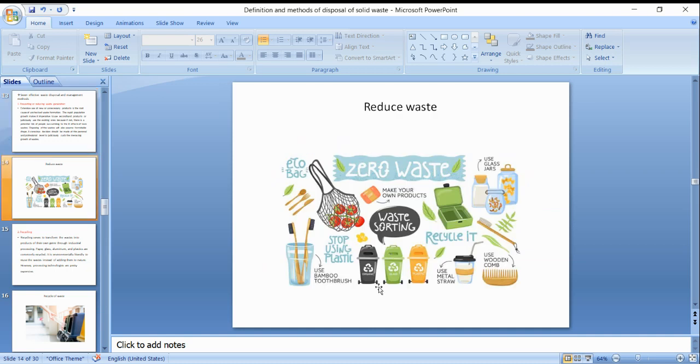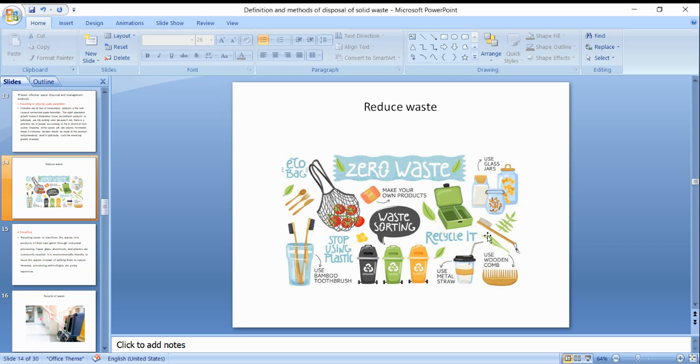So here are different types of options. To produce zero waste, we can use an eco bag, and we can make a toothbrush from wood. We are using strong waste containers for storing and collecting waste, and we can use a metal straw.